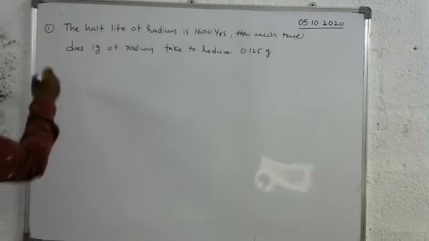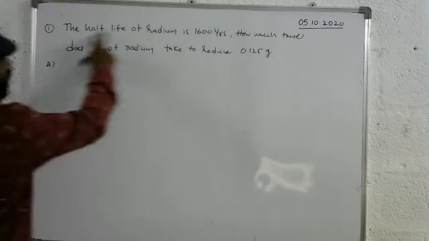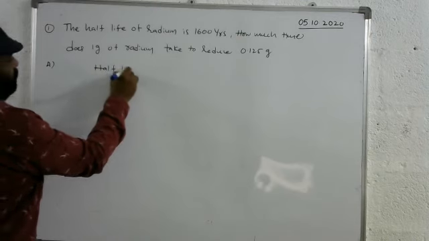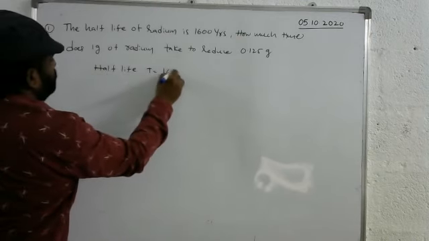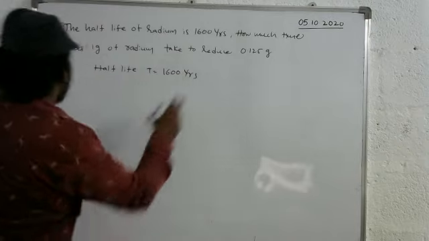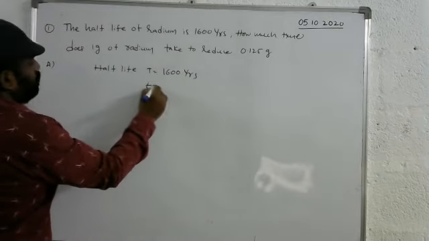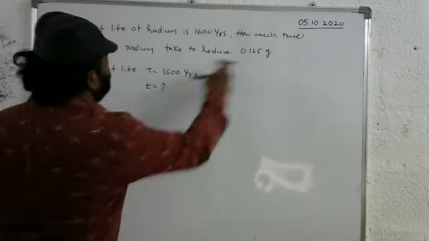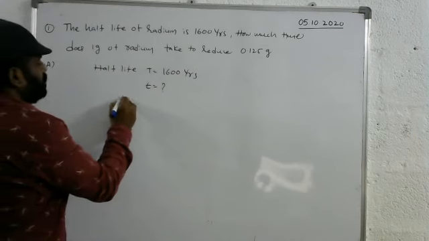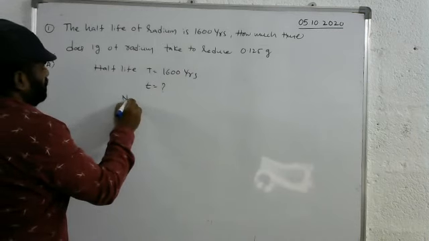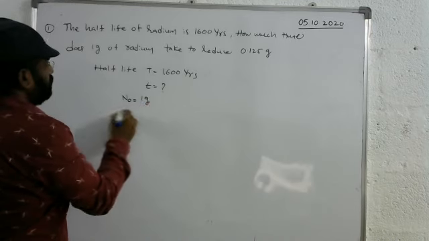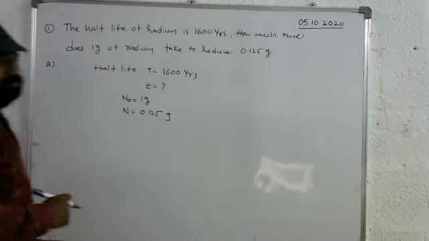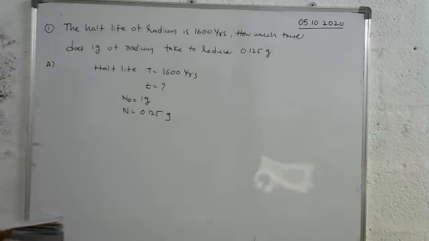In the solution, they have given the half-life of radium, let it be capital T, equal to 1600 years. You have to find the time. The initial mass, let it be N naught, is equal to 1 gram. To reduce, N is equal to 0.125 gram.